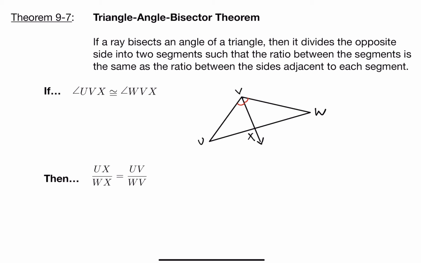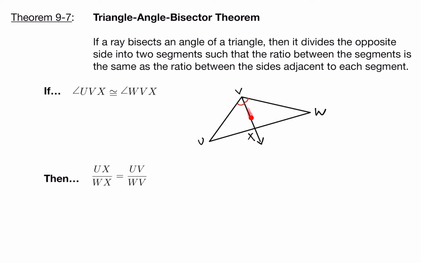And this bisector divides the opposite side into two segments, such that the ratio between the segments is the same as the ratio between the sides adjacent to each segment.